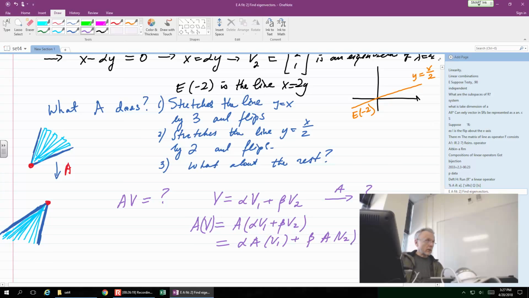But we know what these are, so that's why we're doing this, because these two are known. These are our eigenvectors, or rather basis elements of our eigenspaces. We know that they are being stretched, so it will be alpha negative 3 v1 plus beta negative 2 v2.